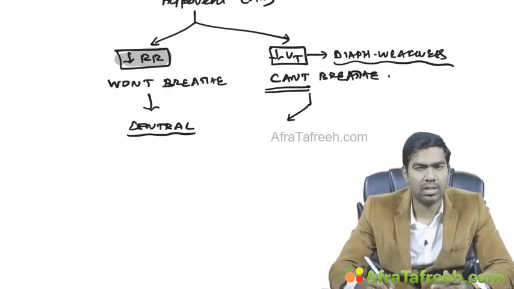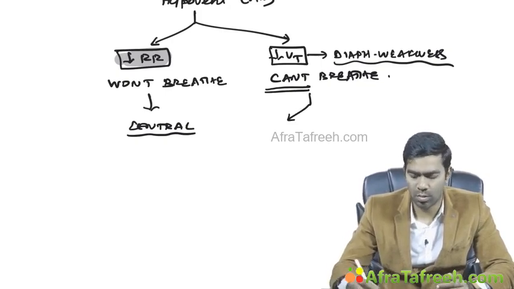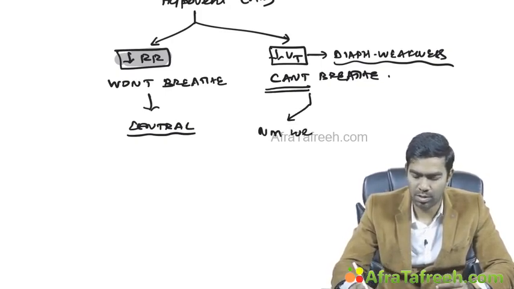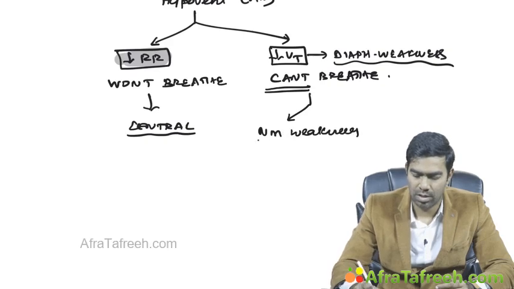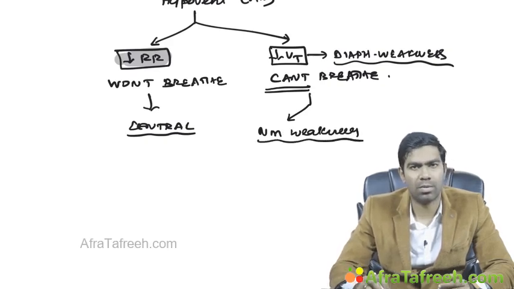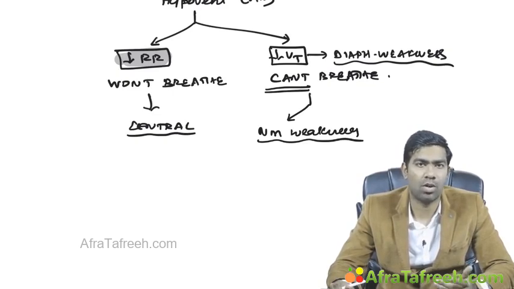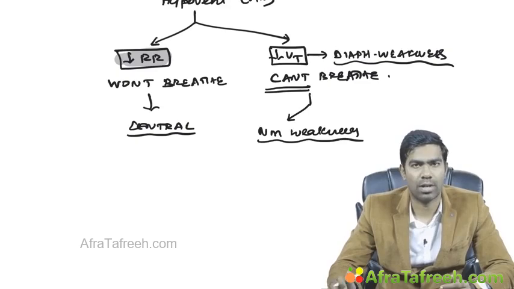This again can be due to two reasons. One, it could be a proper neuromuscular weakness. The best example is Guillain-Barré syndrome in the acute state, or amyotrophic lateral sclerosis or other motor neuron diseases, acute flaccid paralysis in polio, or a patient having neuromuscular blocker toxicity. A lot of conditions you can name.